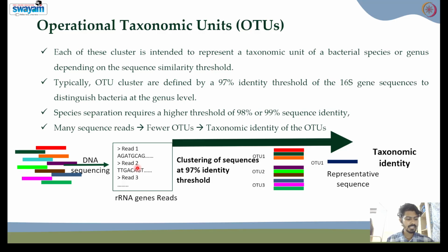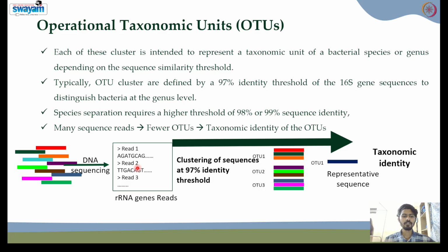Then we will segregate them into particular groups. It is like a bucket where we place all the DNA sequences that are very similar. So instead of looking at every DNA sequence, we can group them if they have at least 97% identity.